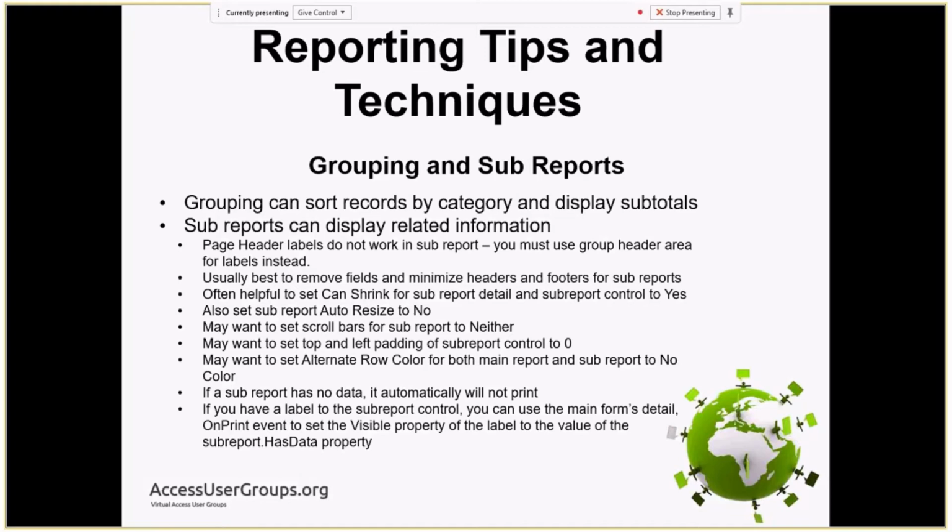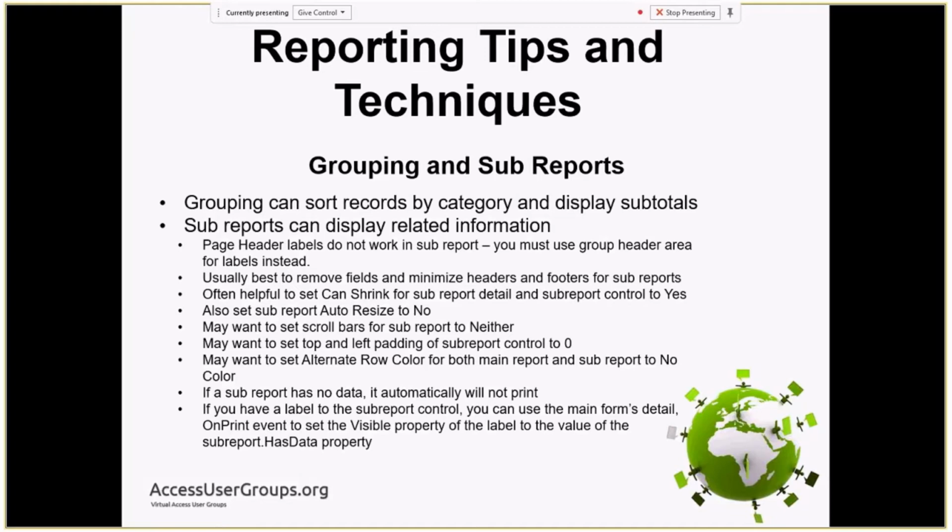You may also want to set the alternate row color for both the main report and the sub-report to no color. The reason is that the alternate row color operates separately in each report.